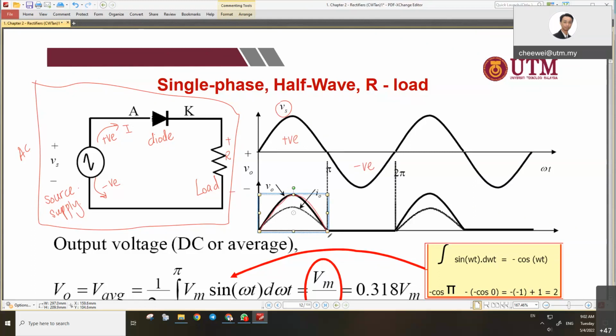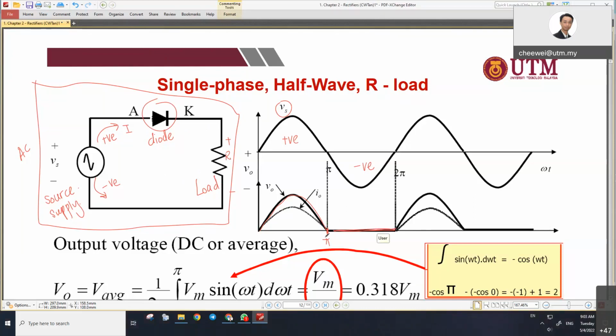After this is pi, because the first half. During the negative half cycle, the diode is open because it's blocking, reverse bias. So the circuit becomes an open circuit. Any current flowing through the output or the load becomes zero.